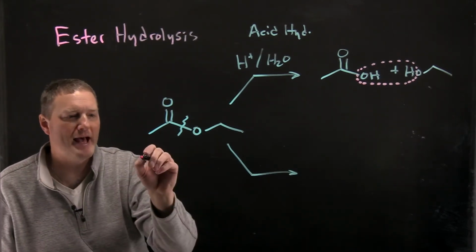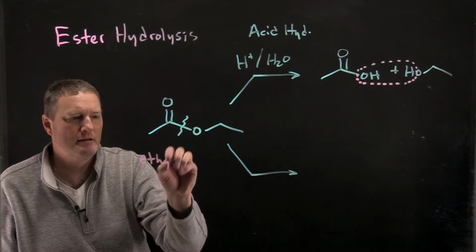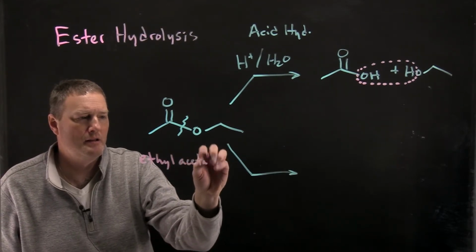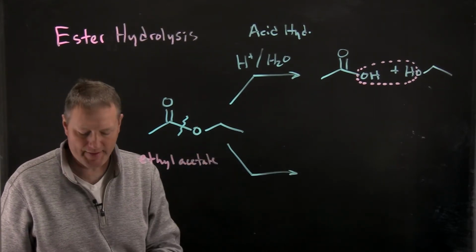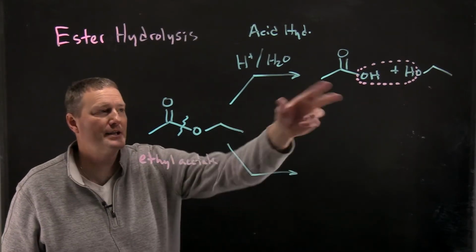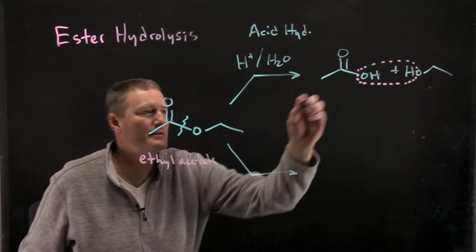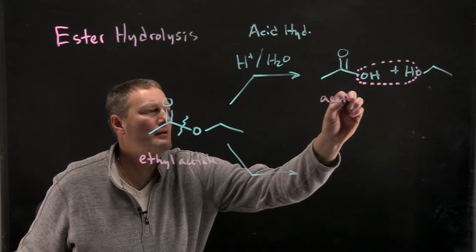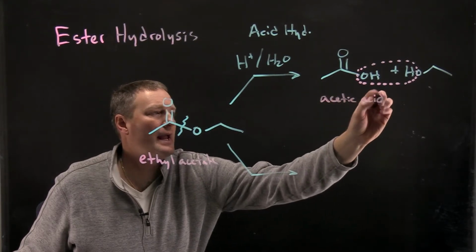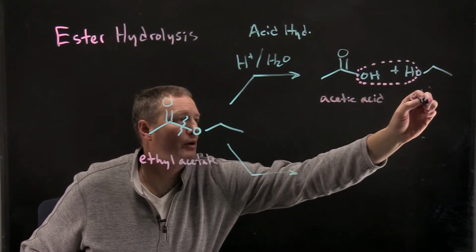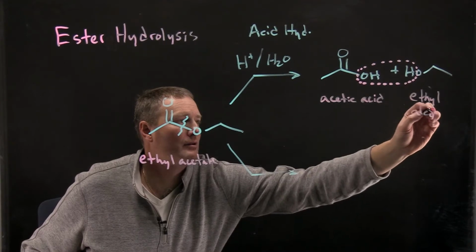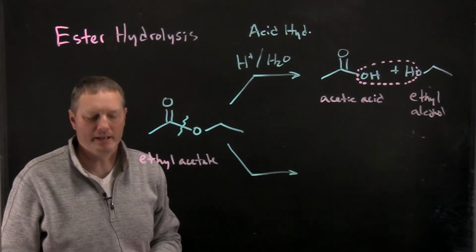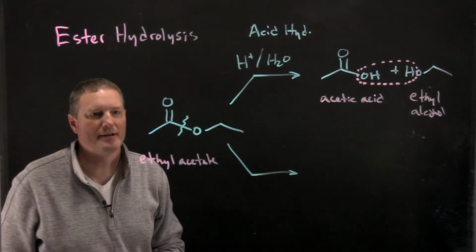This would be called ethyl acetate. And if that's hydrolyzed under acidic conditions, we would then get acetic acid and ethanol, or ethyl alcohol. So that's acid catalyzed hydrolysis.